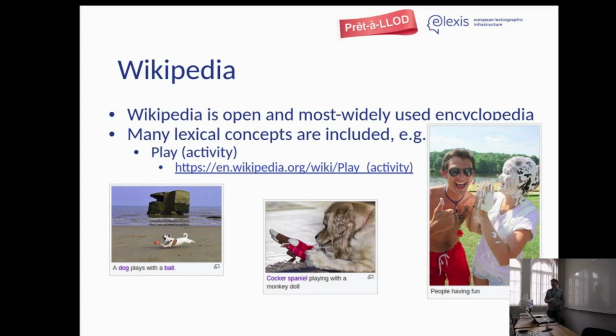It's not particularly interesting, because I don't know why you need an encyclopedia to explain to you what playing is. And it includes some great images in case you're confused about what playing is, like a dog playing with a ball, or a cocker spaniel playing with a monkey doll, or whatever's going on in this photo. This is play, and this is, I think, how our robot overlords will understand play when they take over from the Wikipedia article.